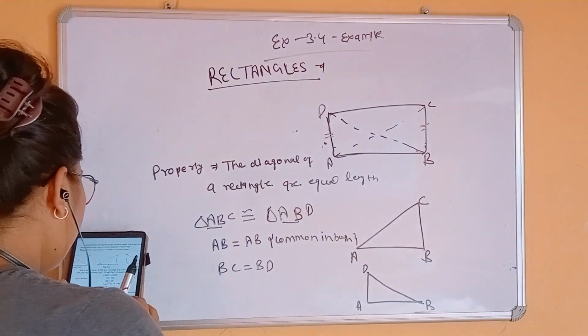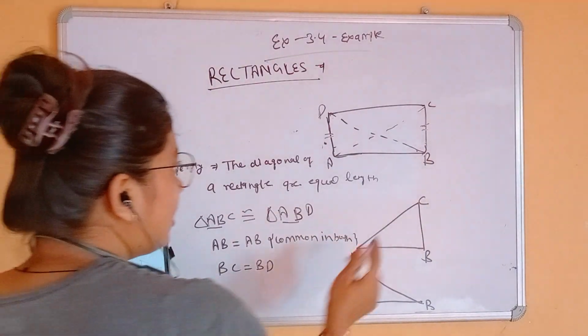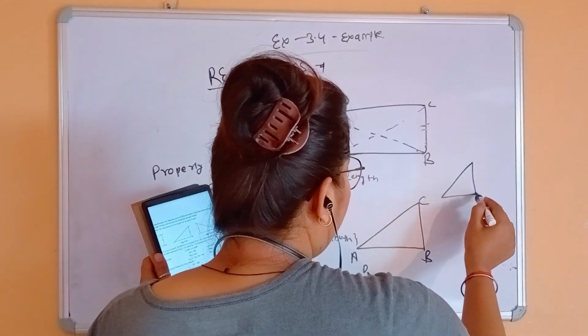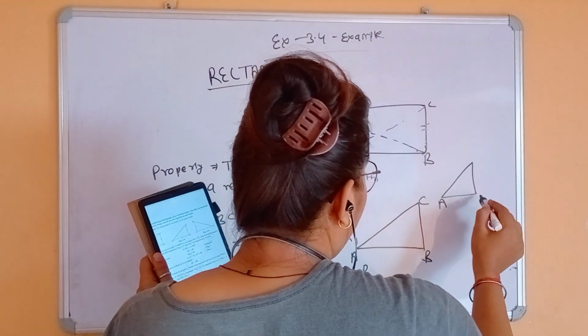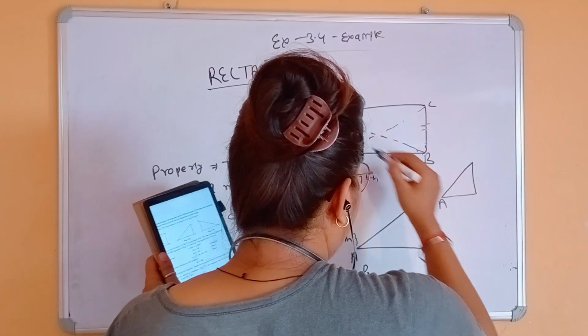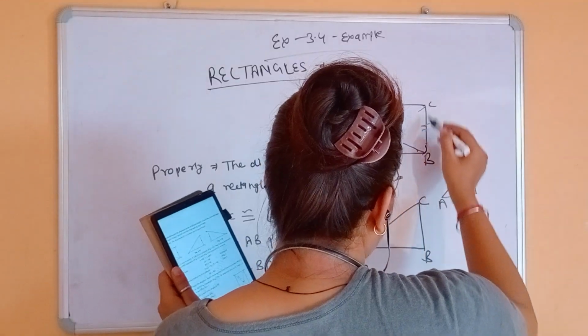Now we find the congruency the same way, like first we make triangle ABC, then ADB, ACB.